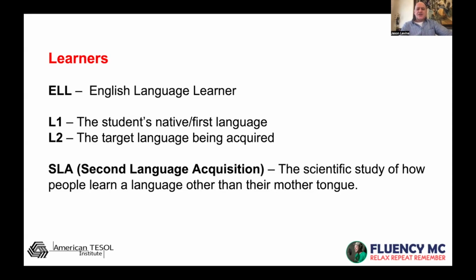Second language acquisition. That's really where we are different than someone teaching English as a first language, or whatever language is the first language. It's really, really important for us to have a solid understanding of how a second language is learned as opposed to a first language, the things they have in common, the things they don't.